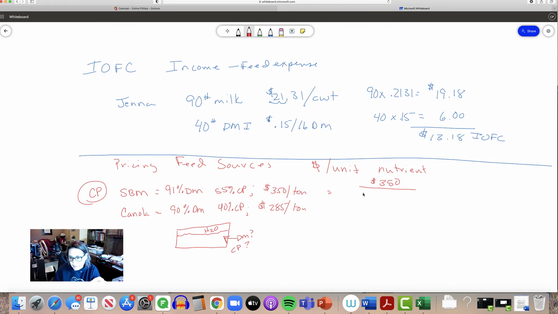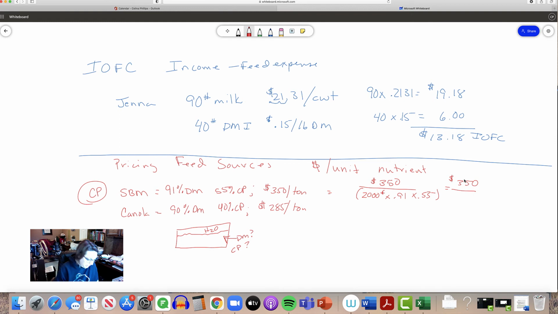So we know we have 2,000 pounds, and we know it's 91% dry matter. If we take 2,000 times 0.91, that would tell us the dry matter. But we also know that it's 55% protein inside that dry matter. So if we take the weight of the unit, in this case tons, times the dry matter times the nutrient, we get $350 for... Oh, I didn't calculate that out.